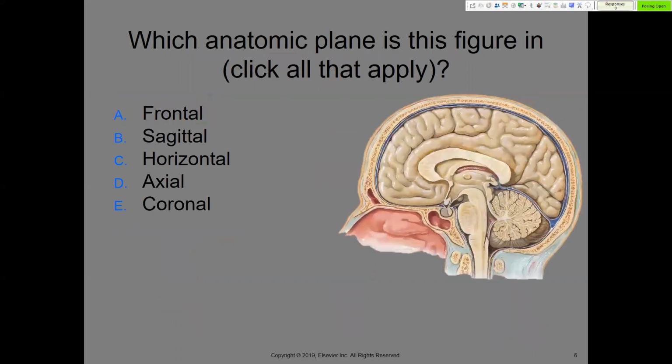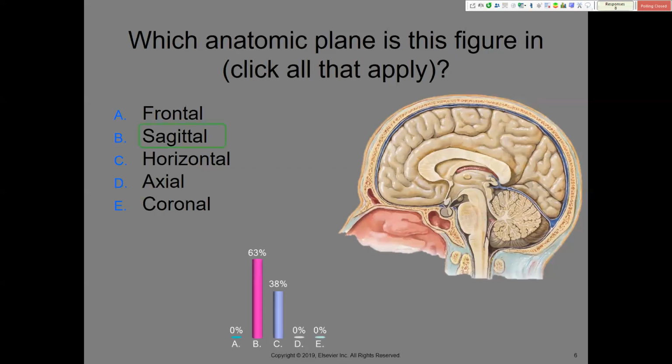All right, how about this question? Which anatomic plane is in this figure? All right, I'm going to close the poll. 5, 4, 3, 2, 1.